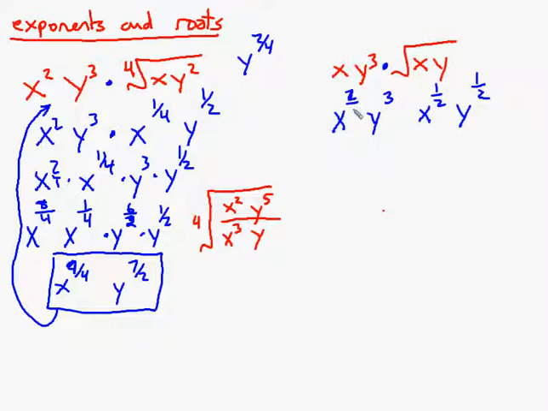So this is going to be 2/2, and this is going to be 6/2. And then I add my exponents, so I get x to the 3/2, y to the 7/2.